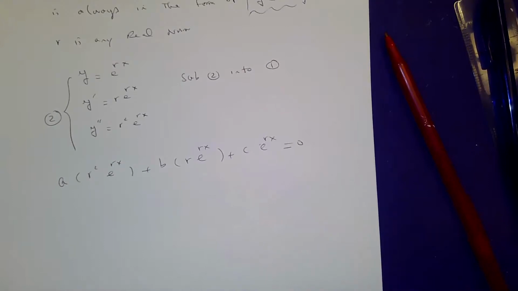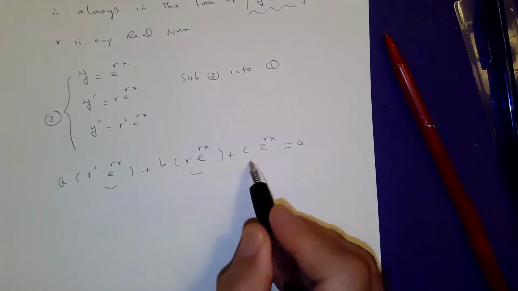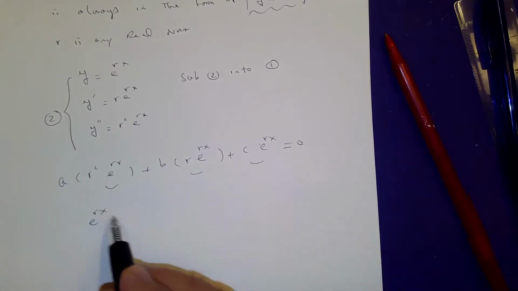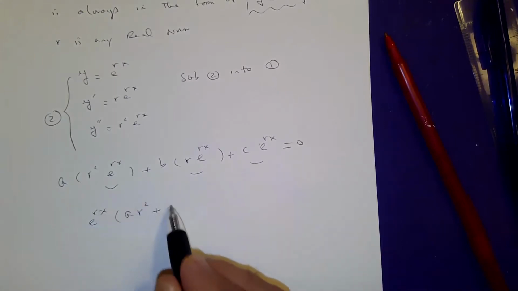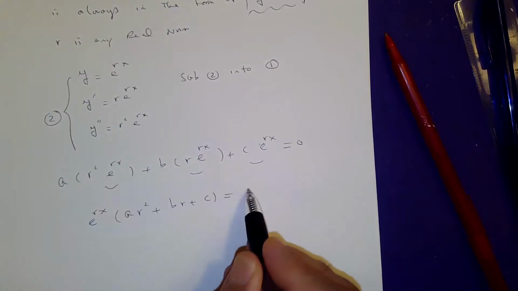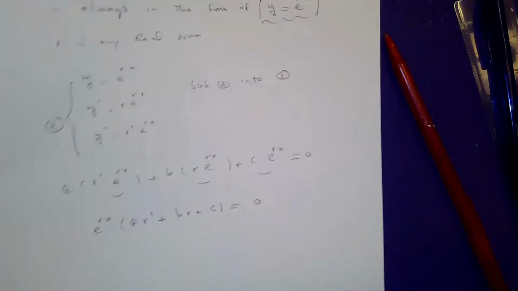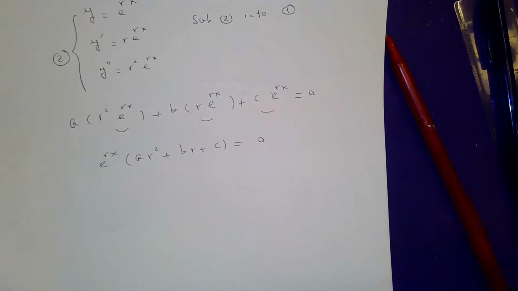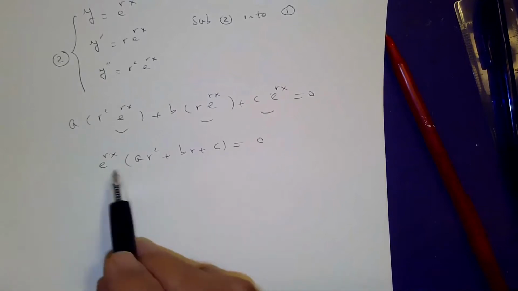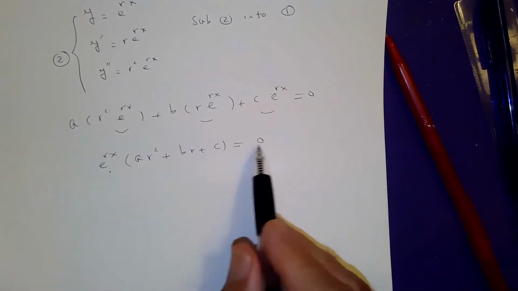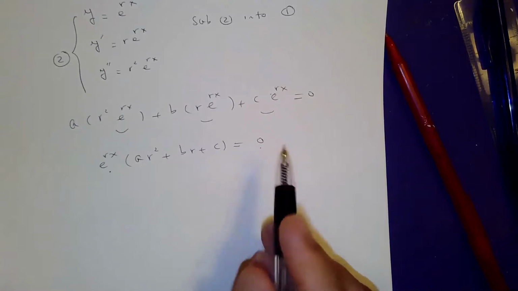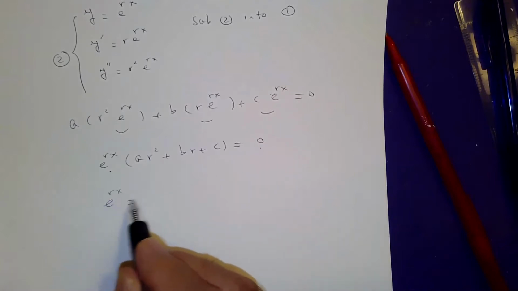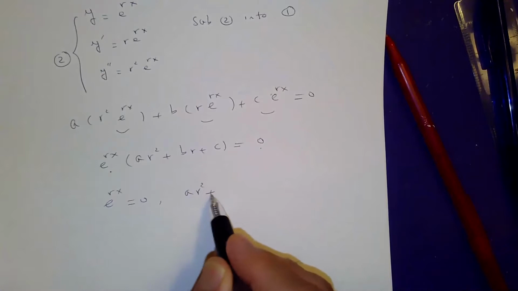So what do you get? They all have e to the rx in common, so factor that out. So you get e to the rx times (a r squared plus b r plus c) equal to 0. So you have a product of two functions, namely this polynomial and this exponential function, that multiplies to 0. So that means either of these guys had to be 0 to begin with.